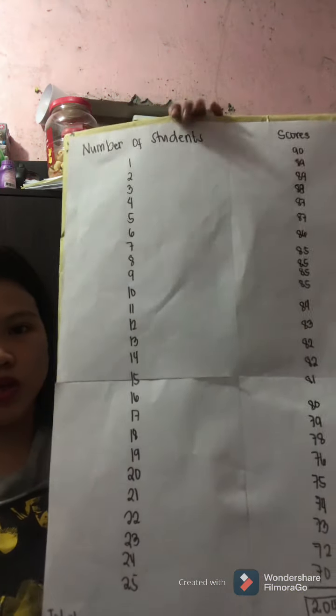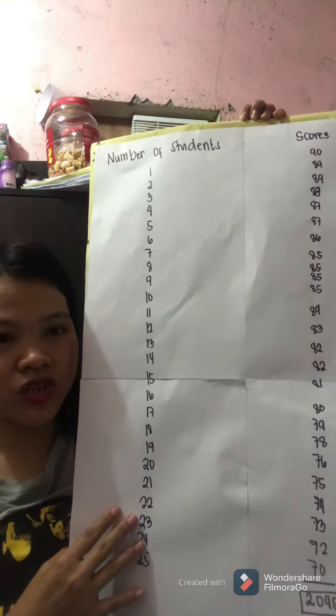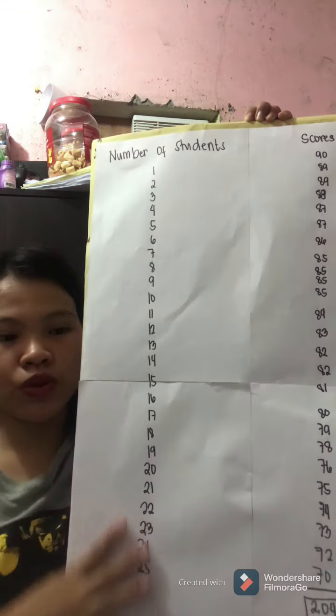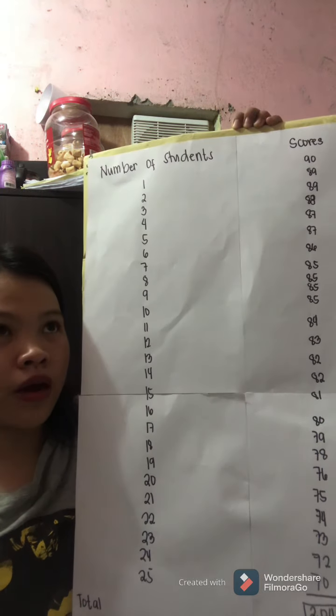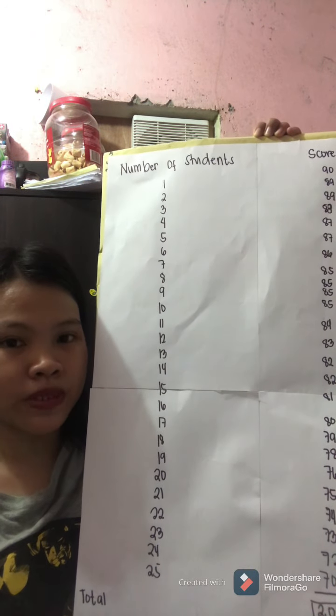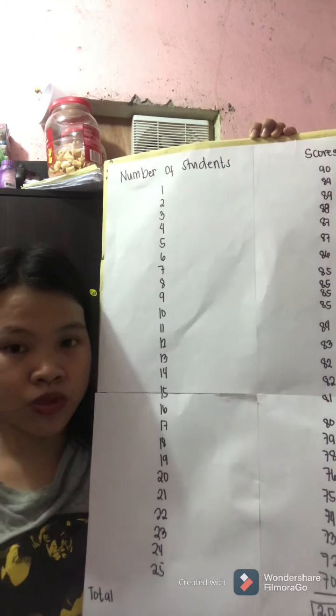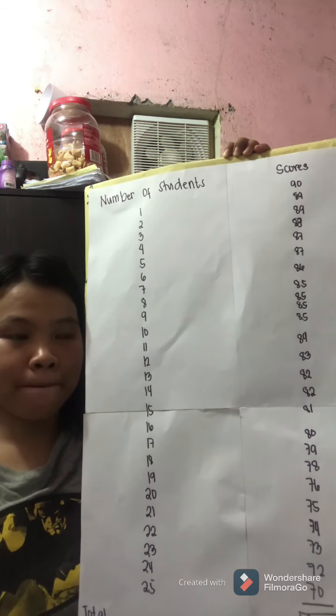So let's begin with this data. As you can see, this data came from page 182, which is the skewness with the use of computer for negatively skewed. In here we have different steps on how to get skewness using computer, but since we don't have a computer, we do it manually.